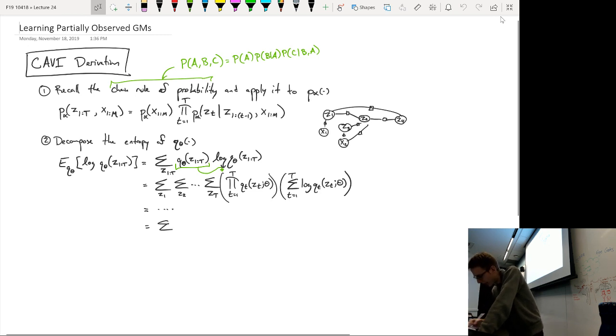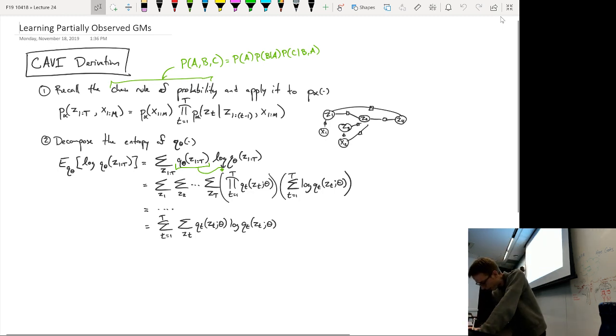over just t equals 1 up to capital T of a bunch of mini expectations, which are just summations over that particular variable, where we have q_t(z_t | theta) times log q_t(z_t | theta).